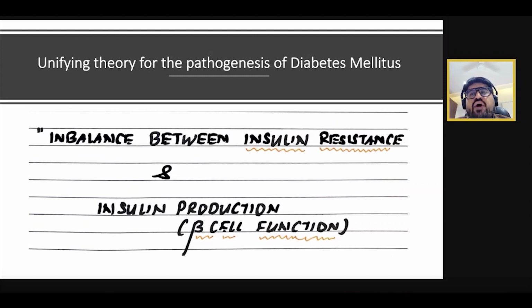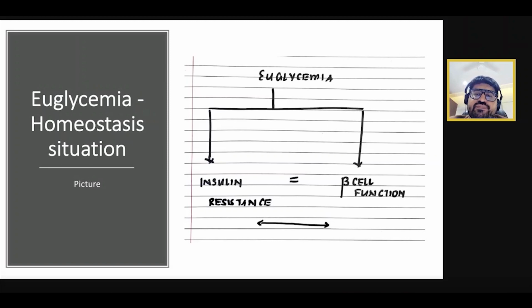So all the forms of diabetes that we are going to discuss in the next slides, we are going to take all our buckets, type 1 and type 2 and everything, and try to fit them into a theory. And we'll see how it really works perfectly, magically. So all forms of diabetes at some level are an imbalance between insulin resistance and beta cell dysfunction.